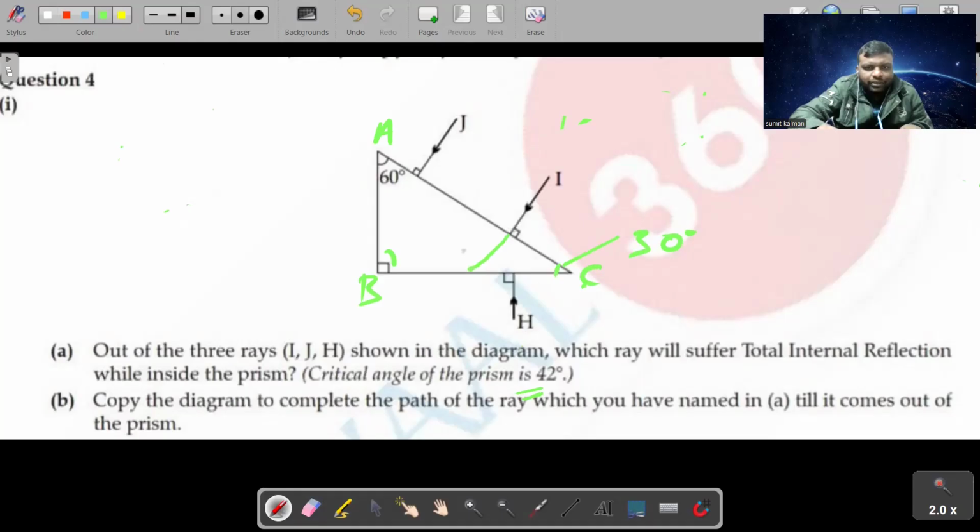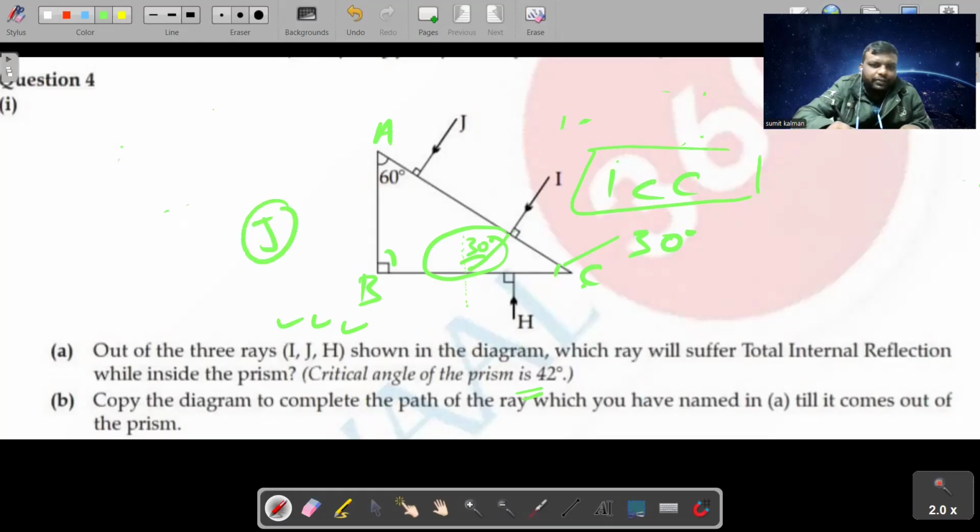If you calculate the angle of incidence, it will come out to be 30 degree. And here again i is less than C, that is critical angle. So this ray I will also not suffer total internal reflection. So out of rays I, J and H, only ray J will suffer total internal reflection.